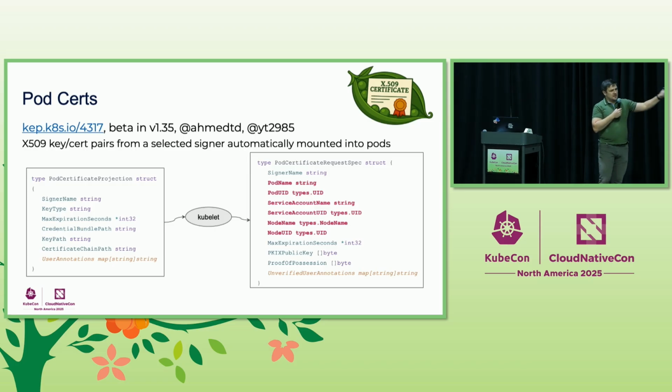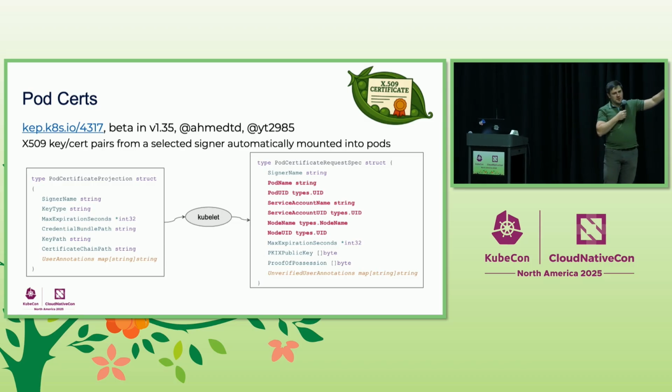And once you do that and you run that pod, the kubelet will look at the volume, and it will create a new object which is called a pod certificate request. And it adds a bunch of information about the pod also, so that the signer that will be picking it up later knows who it is signing the certificate for. And then it waits.